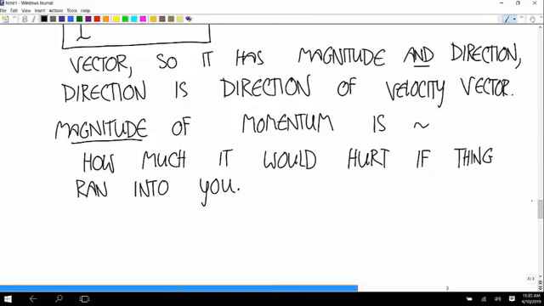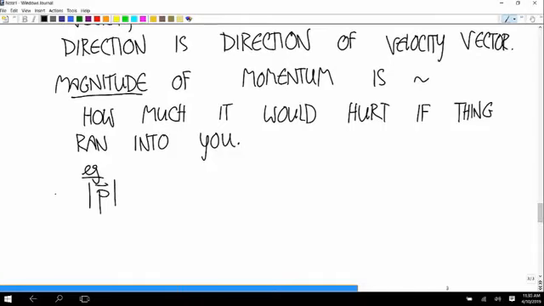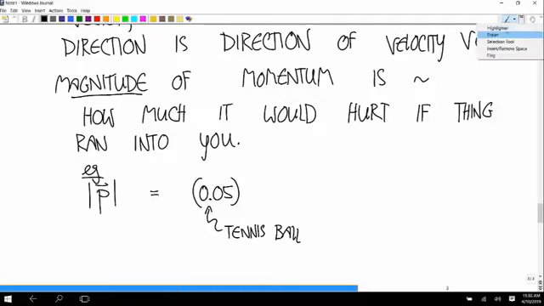Okay, so compare, for example, the magnitude of, let's say the mass is 0.05. That's my guess at the mass of a tennis ball. That would be in kilograms. And a speed of 40 meters per second.